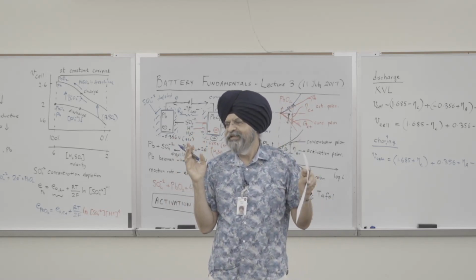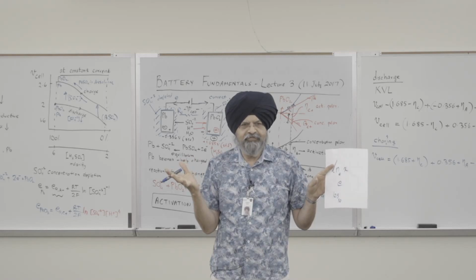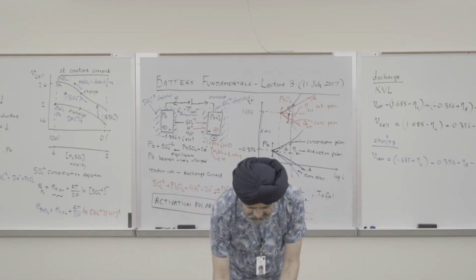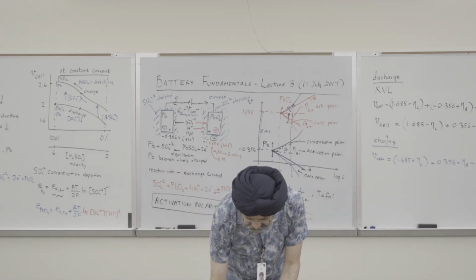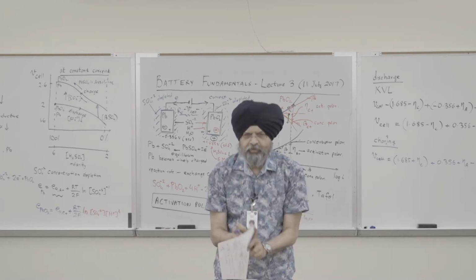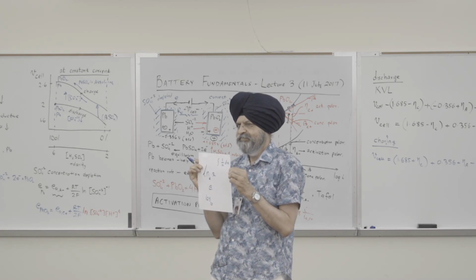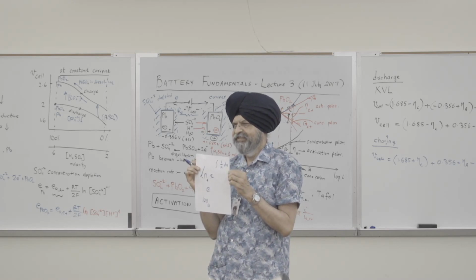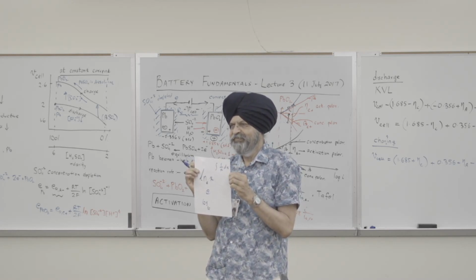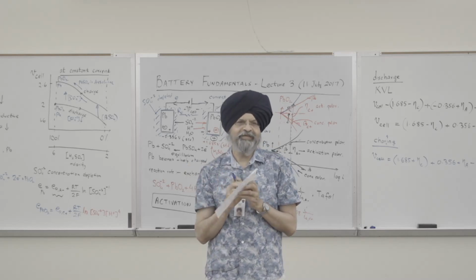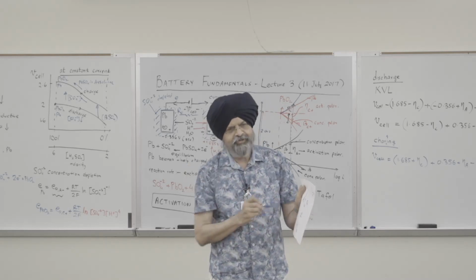Let me give you a hint. What is the integral of 1 over x dx? It's log x, right? So there's a hint. And from here, you can get to E.